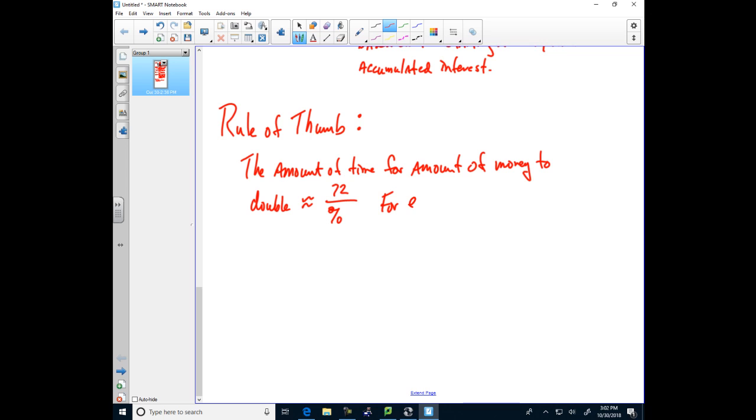So for example, at 4%, it's going to be about 72 divided by 4, which is 18 years.